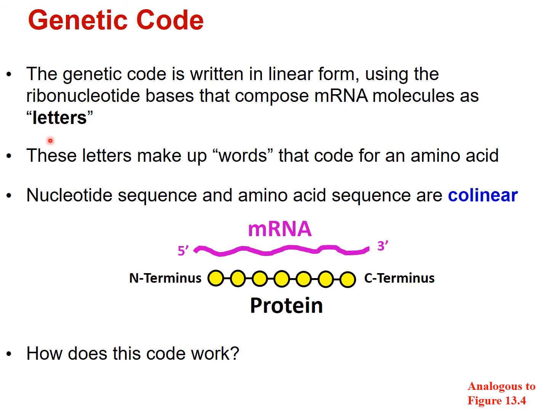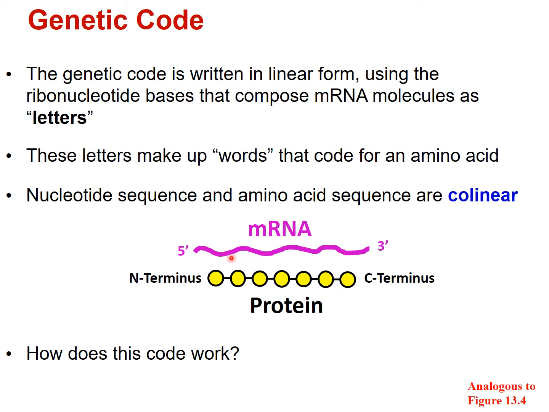Now, these letters come together to make up words, and what we now know is that the words are composed of 3 nucleotides, right? And those 3 nucleotides will code for an amino acid. So if you look at the messenger RNA, here we have the 5' end and the 3' end of the messenger RNA. The N-terminal region of the protein will be closer to the 5' end, and the C-terminal portion will be closer to the 3' end.